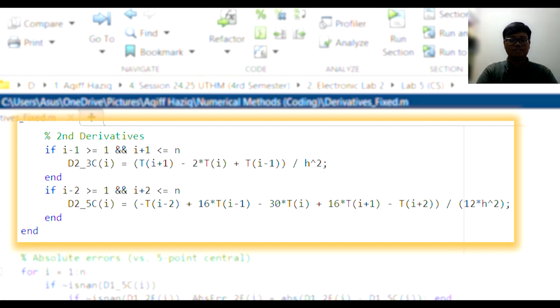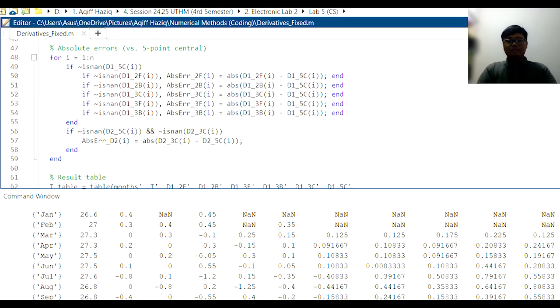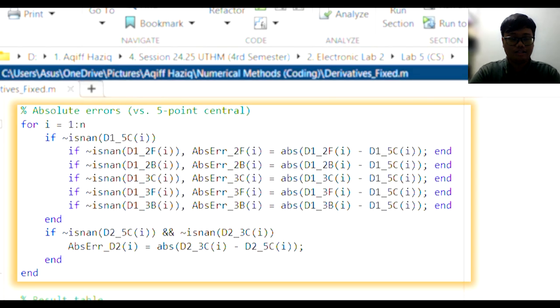Each formula is only applied where sufficient data points are available to avoid indexing errors near array boundaries. So the next one is the absolute error calculation. This loop computes the absolute error of each method by comparing it with the most accurate method, which is the 5-point central difference. This allows evaluation of how close each approximation is to the reference.